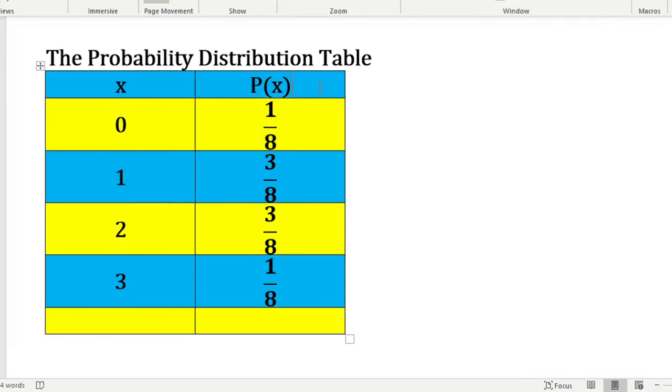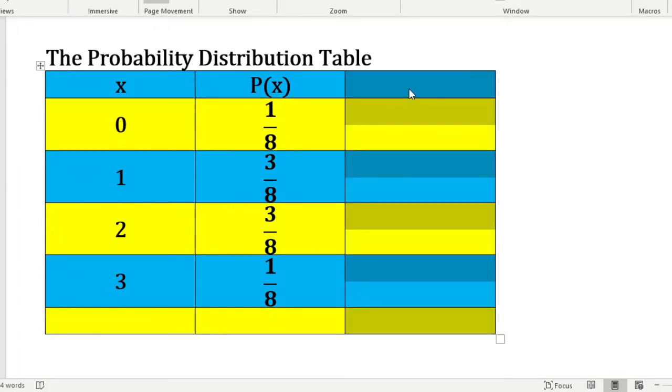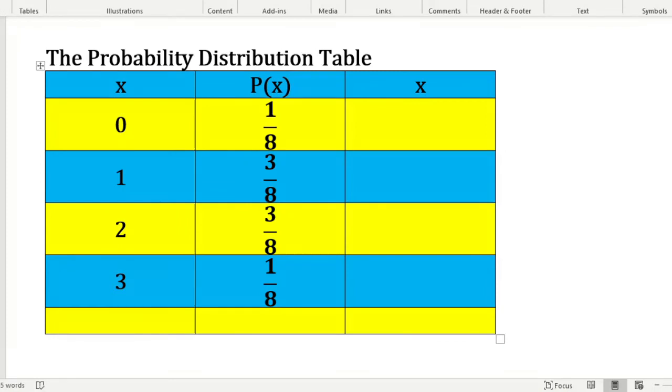In other words, we insert another column to the right, and we name it the product of the possible value and its corresponding probability.